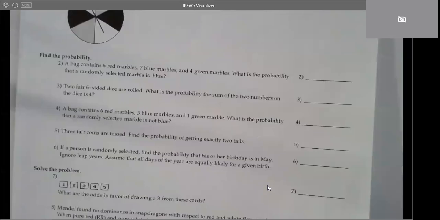All right, let's do 5 first. And number 8 also. All right, let's go ahead and go in order. That way we're not bouncing all around.